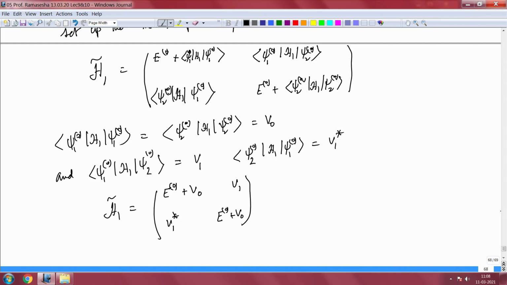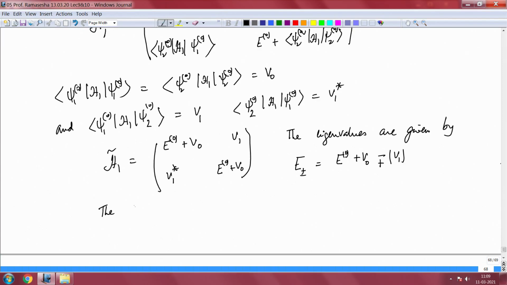The eigenvalues of this matrix give the perturbed energies. This is a very simple 2 by 2 matrix whose eigenvalues can be obtained easily. The eigenvalues are given by E plus minus is equal to E0 plus V0 minus plus modulus V1.